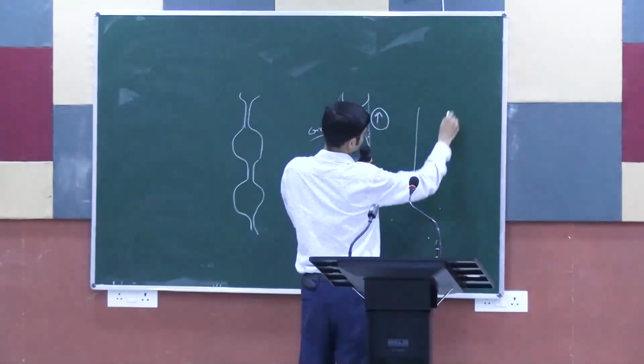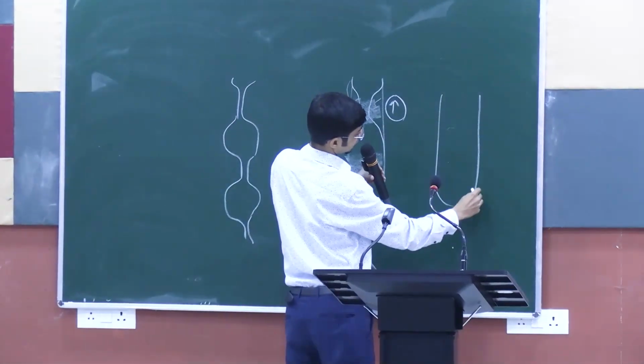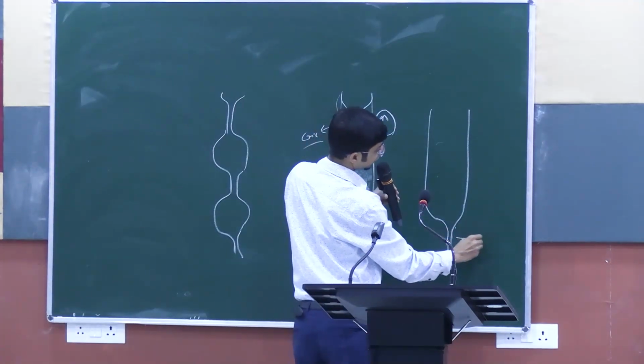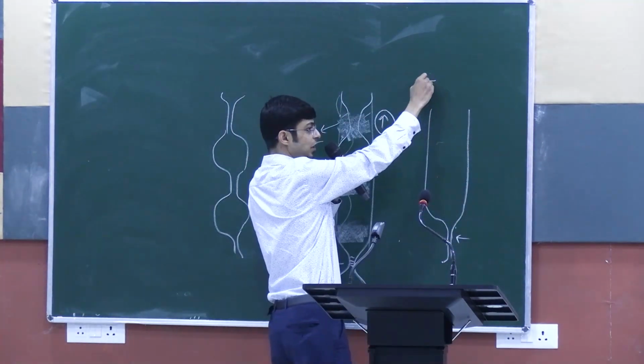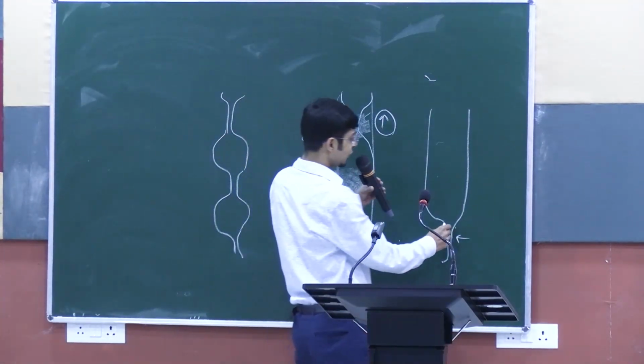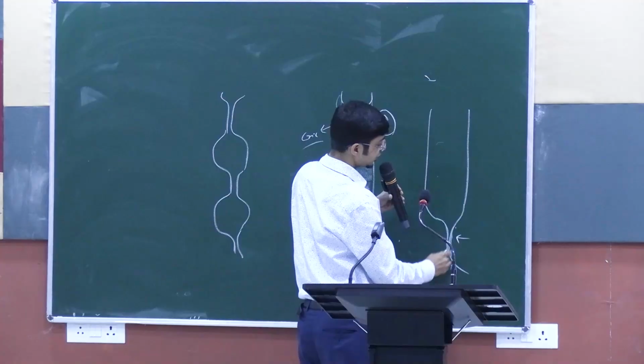So there is the lower part of the esophagus, say this part. Like we had the cricopharyngeal spasm in the upper part of the esophagus, similarly in the lower part of the esophagus there is no peristaltic movement.